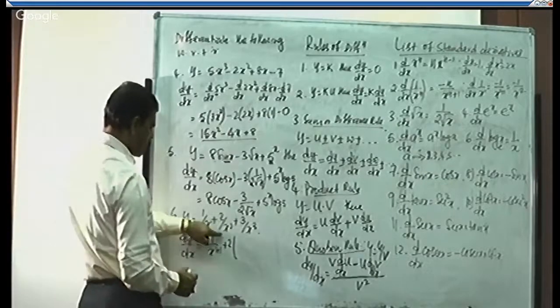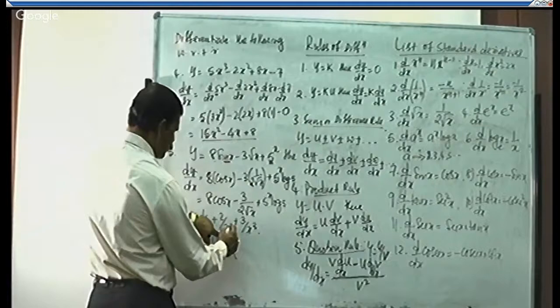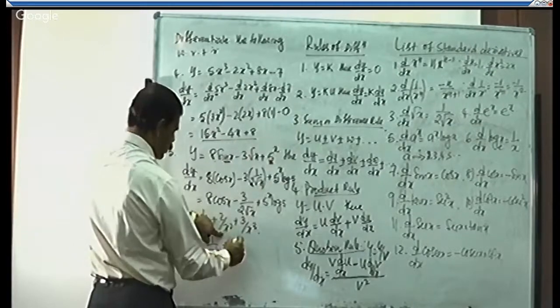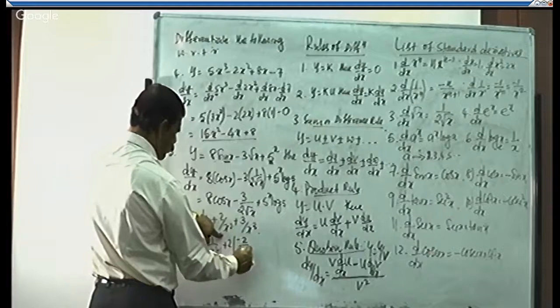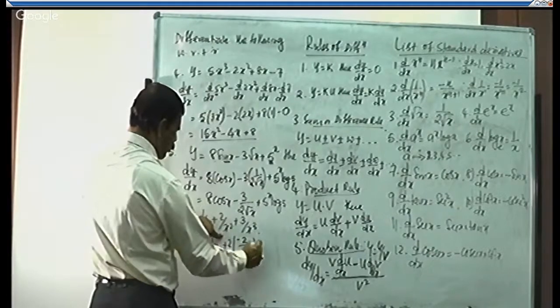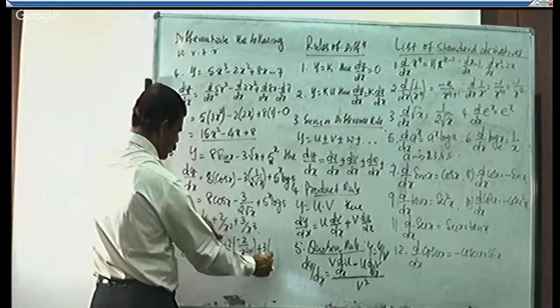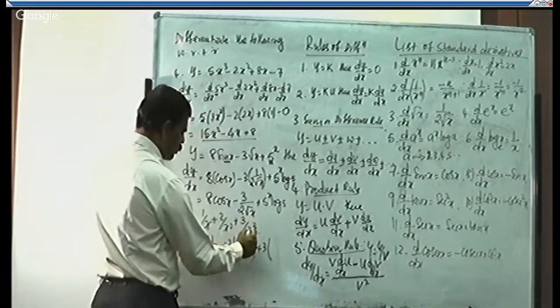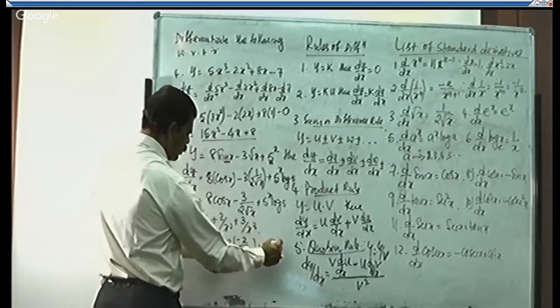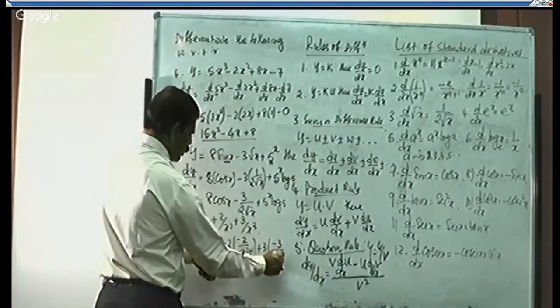Then, according to that, minus n by x to the power of 1 plus 1, plus 2 into differentiation of 1 by x square. 1 by x to the power of n, see the second formula: minus n divided by x to the power of n plus 1. Plus 3 into differentiation of 1 by x cube, which is minus n by x to the power of n plus 1.